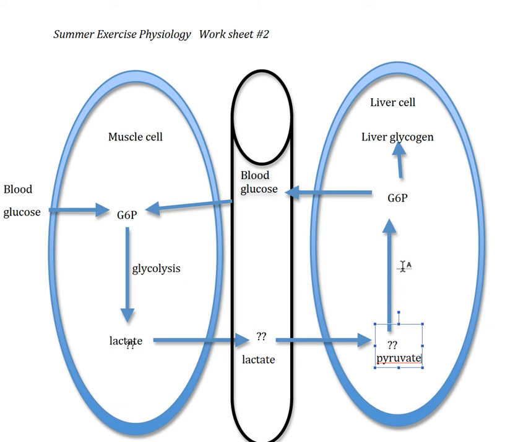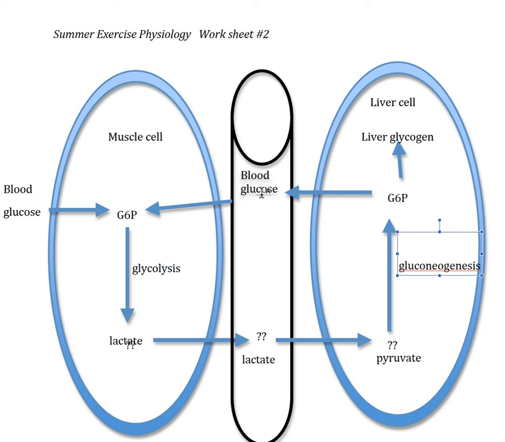So this up arrow would represent the process of gluconeogenesis. And this process of gluconeogenesis is to make new glucose. So taking pyruvates or taking lactates, 2 of those would be put together to make a new glucose 6-phosphate molecule.